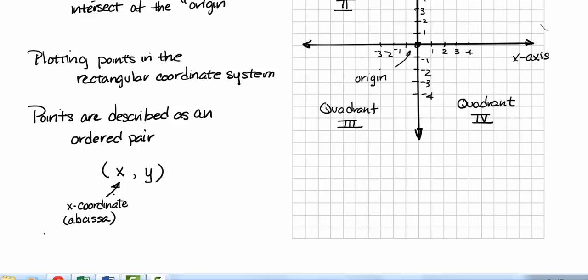And that tells us our horizontal position. The second number is our y-coordinate. And we call this our ordinate. And this tells us our vertical position.